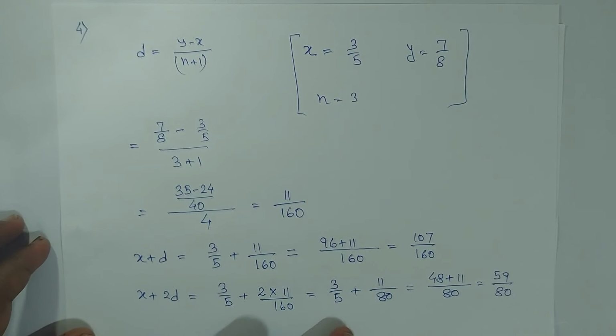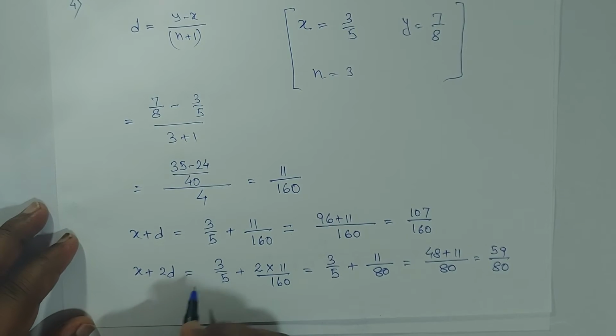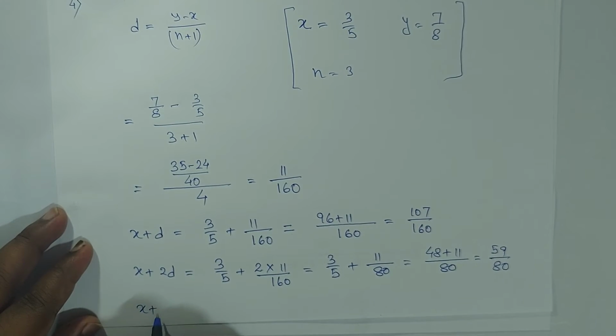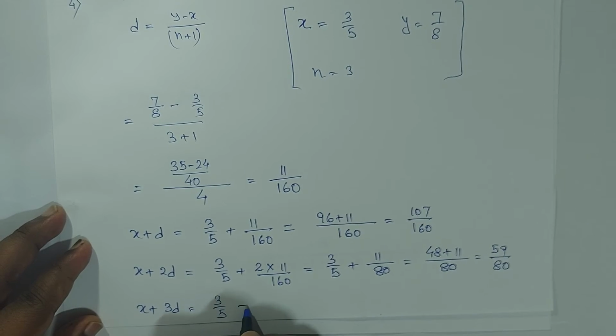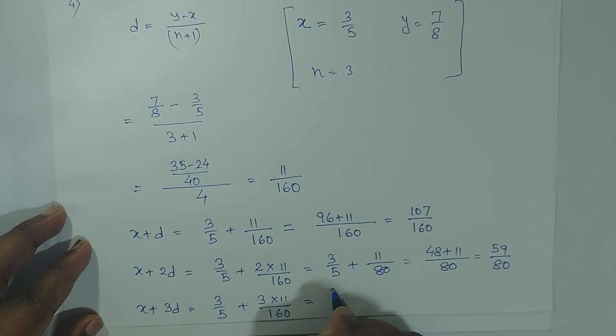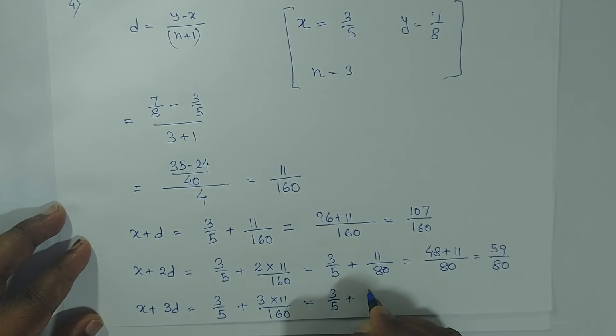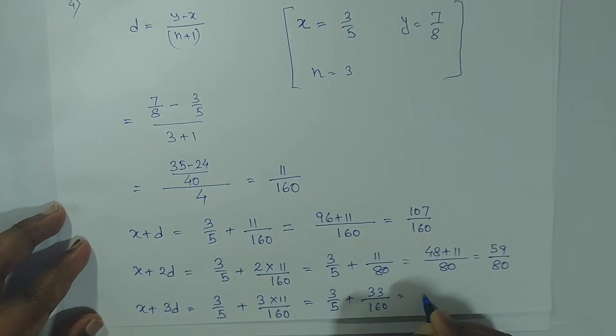And the third one is x plus 3D. So 3 by 5 plus 3 into 11 by 160, which is 3 by 5 plus 33 by 160.